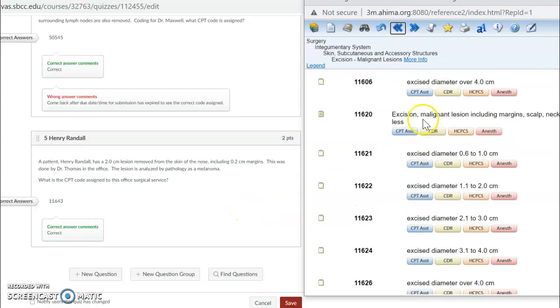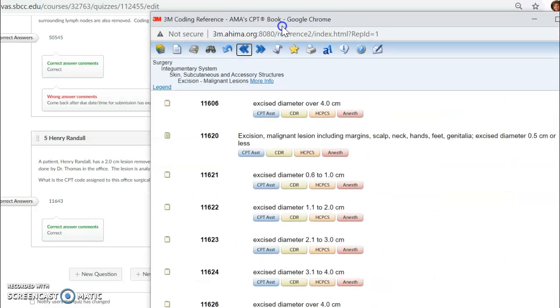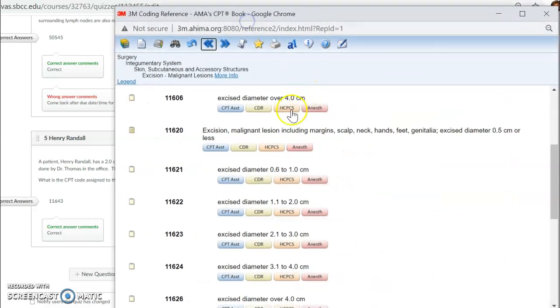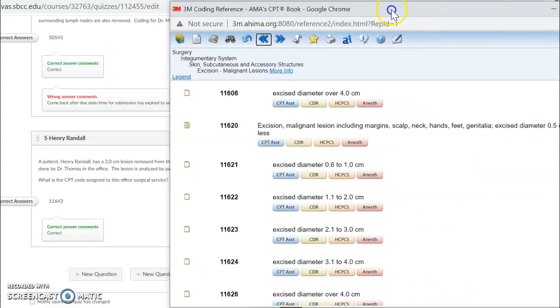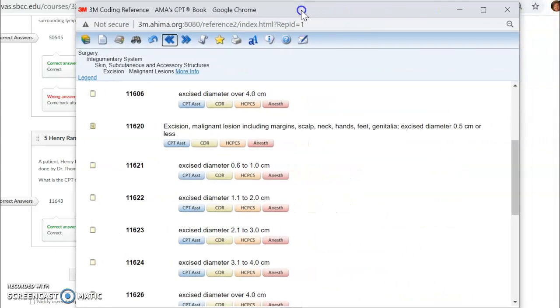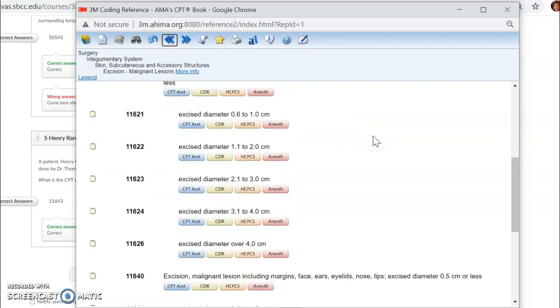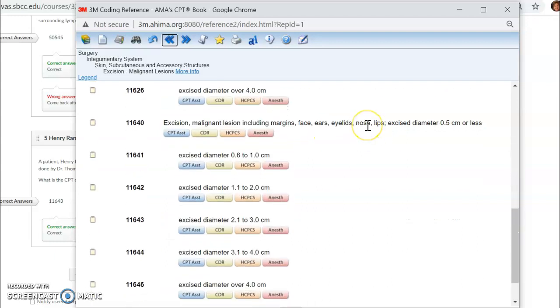So if I look at here, I have the other big thing too, make sure you're in the right place. So I have excision malignant lesion, and we know, including the margins, so let's go ahead and look here. They took it from the skin of the nose. So with that, I need to go down to the nose.